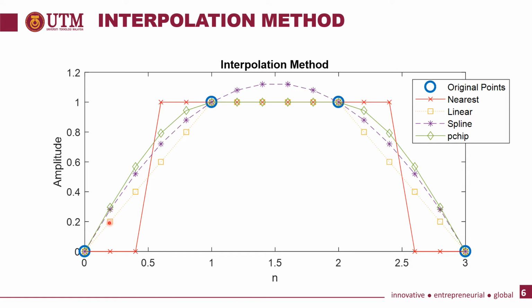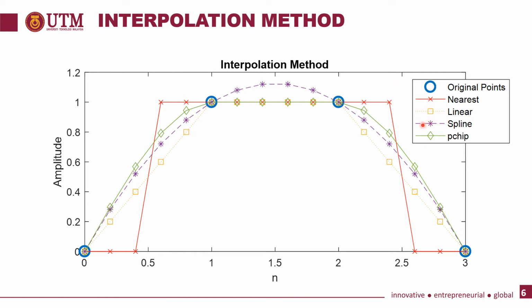So it has been defined as 0.2. So 0.2, 0.4, 0.6, 0.8, and 1. First it will compute the straight line, and then it will find the missing data based on the distance between the missing data. So this is what linear does.